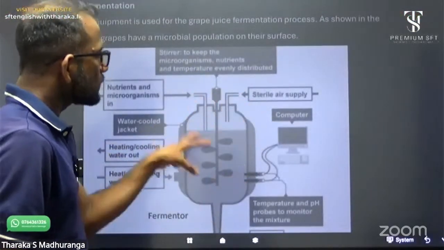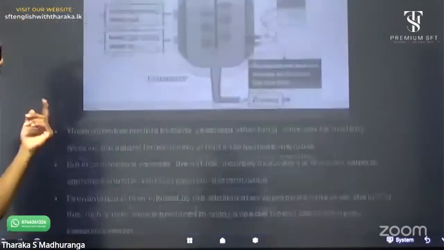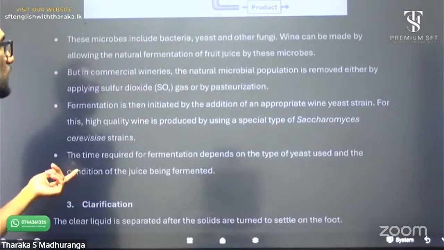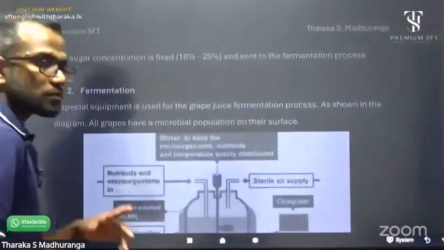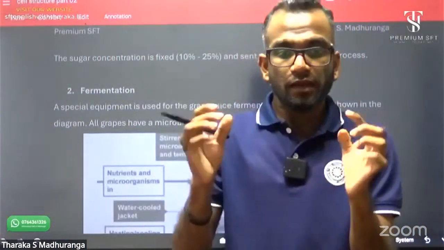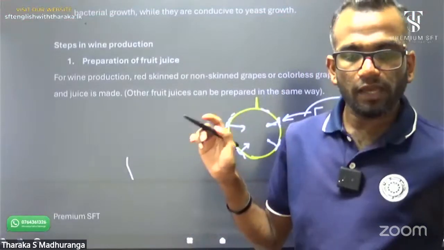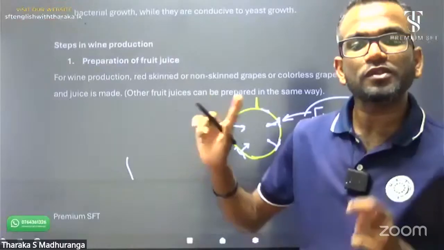Then inside this container, before fermentation, we add a specially cultured microorganism. Now I already explained these white color spots. These white color spots are fungi.